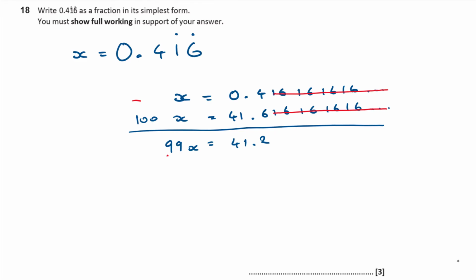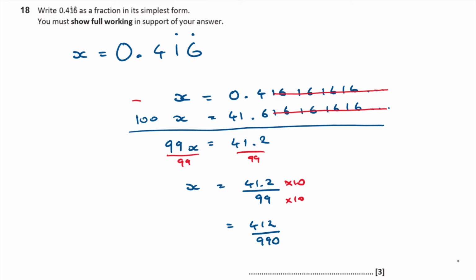Dividing both sides by 99, that's going to give me x equals 41.2 over 99. Now that's not a very good fraction because I've got a decimal in it. But if I multiply top and bottom by 10, I can get rid of that decimal and rewrite this as 412 over 990. Okay, that's my final answer.